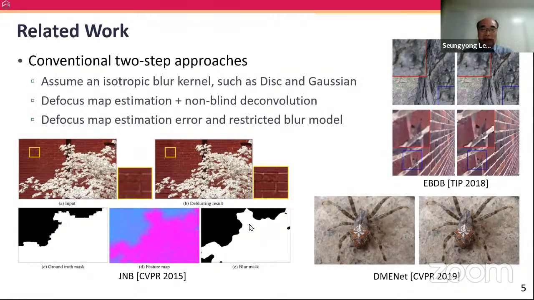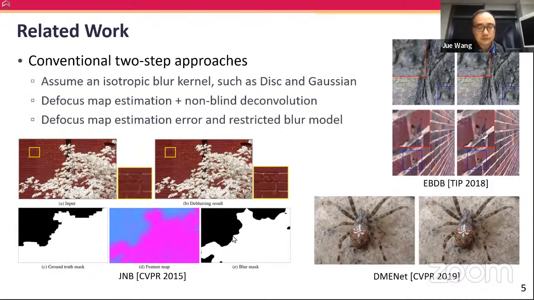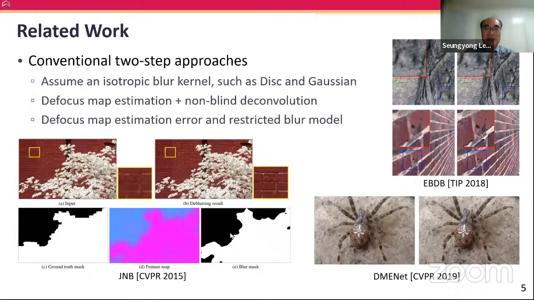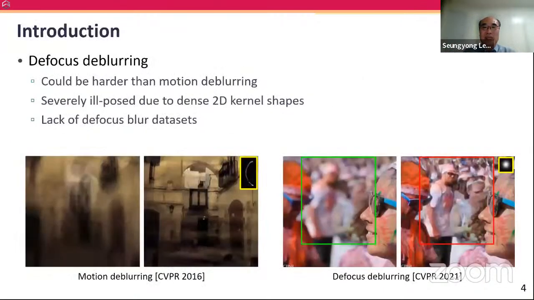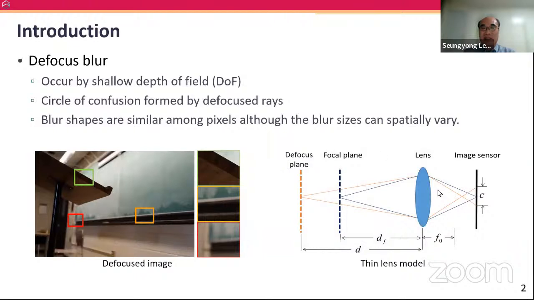I worked on this defocus map estimation. For that, we used a synthetic training data set produced by graphics rendering using a lens model. The name is the SYNDOF data set, something like that. You can find the paper and data set on my web page.